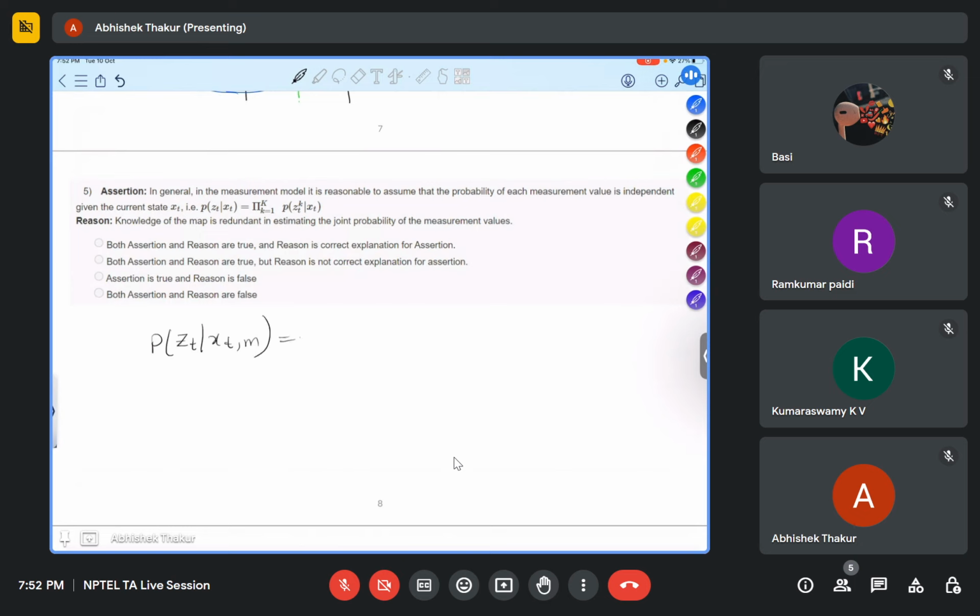The map is also given, for k equal to 1 to K, probability of z_t^k such that x_t, map is given. So both the map and current state should be known, and the probability of measurement values can be considered independent. So both the statements are false here in this case. Okay, so the map is not given here.